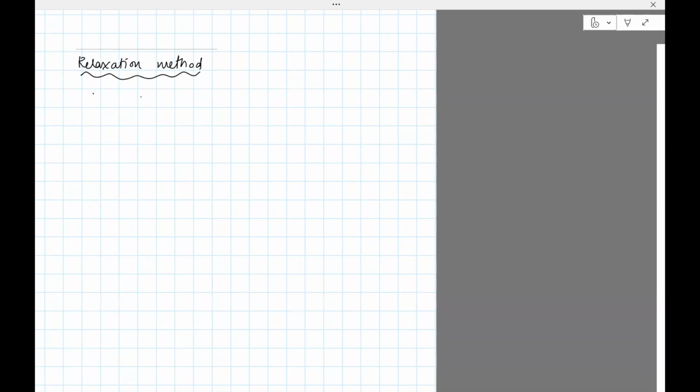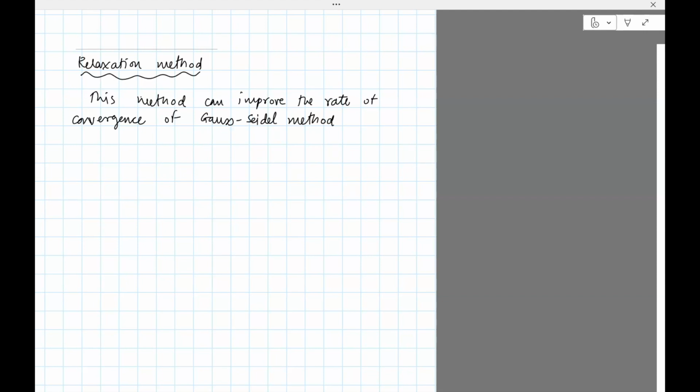This method can improve the rate of convergence of the Gauss-Seidel method. So for this problem, we'll see that it converges faster than 17 iterations.